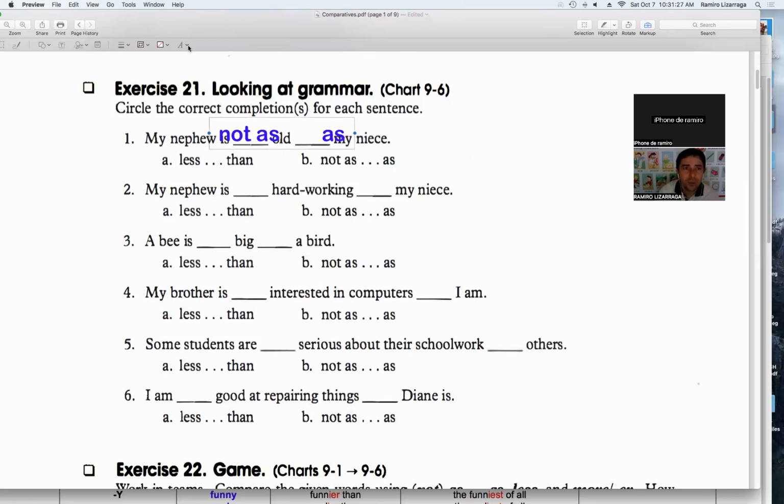Let me make it smaller. So my nephew's not as old. Okay, read the whole sentence, please. Read it again. Jose, read the sentence again, please. My nephew is not as old as my niece. Niece. This is pronounced niece. Okay, repeat this. Niece. Niece.